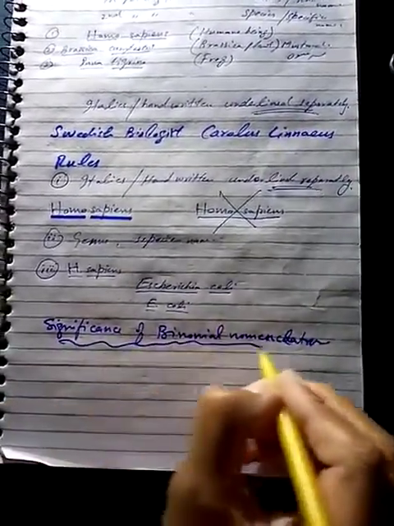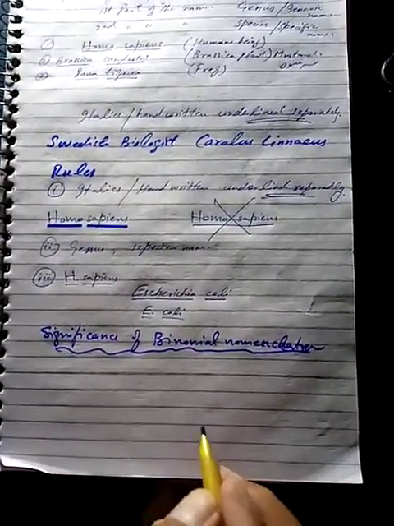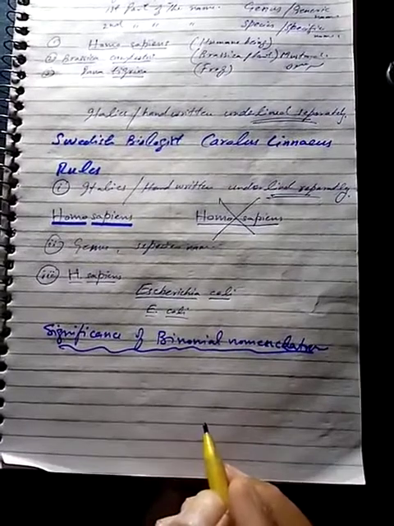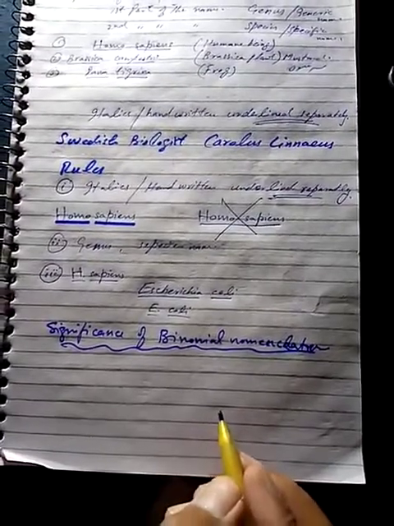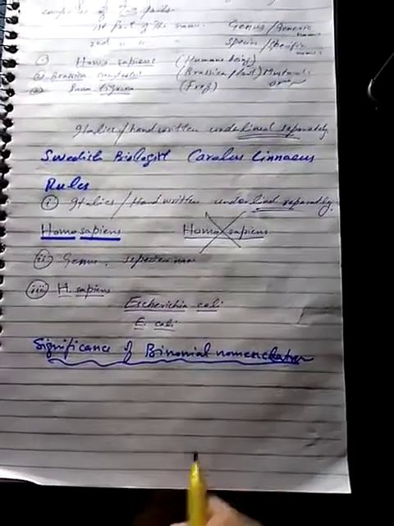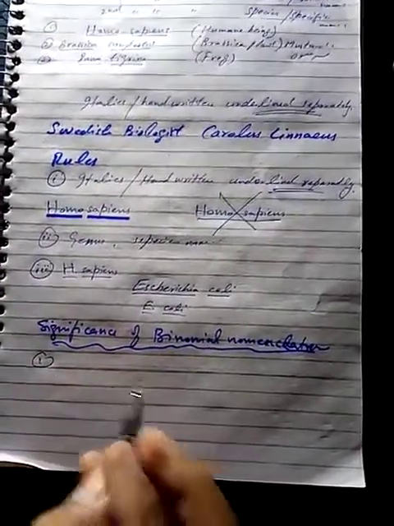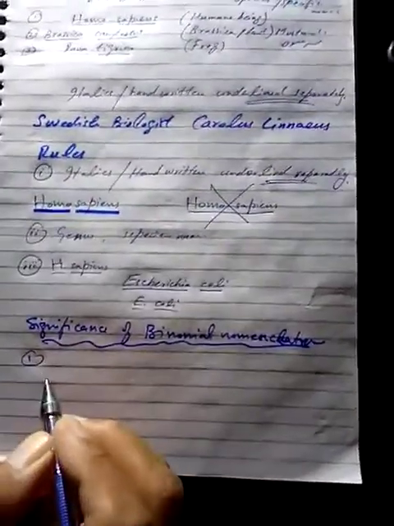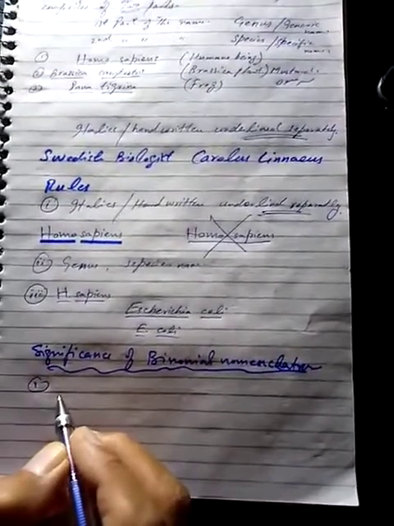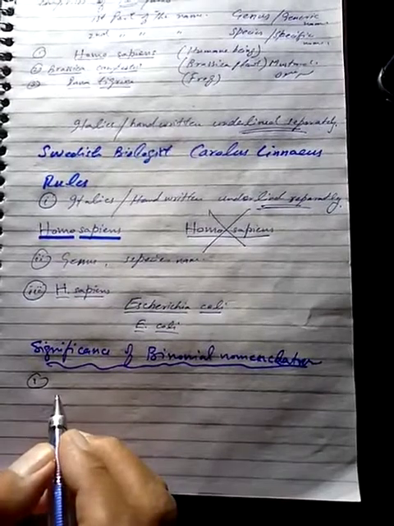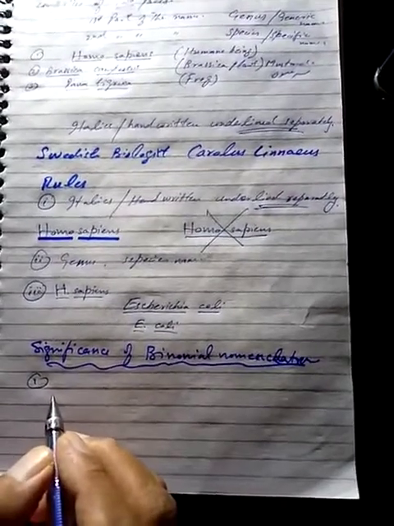The question is why there is a need to give scientific names to the living organisms. This is the question, and the answer to this question is very simple. Number one, the general names, the common names, the vernacular names which are given by a layman are not based upon scientific reasons.